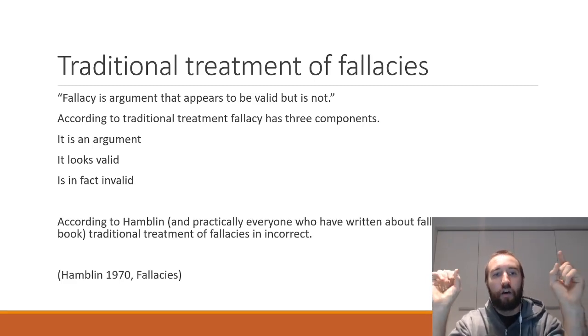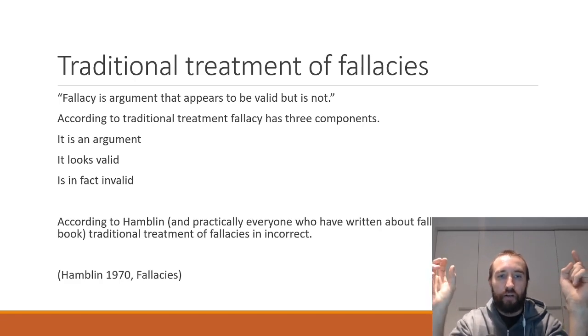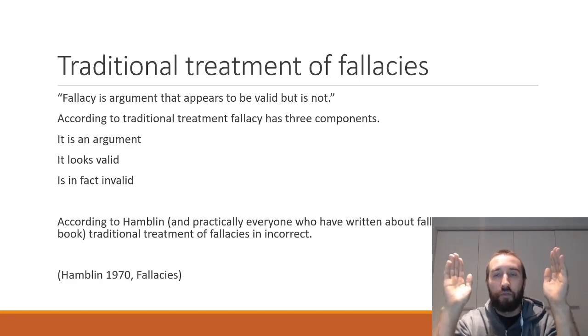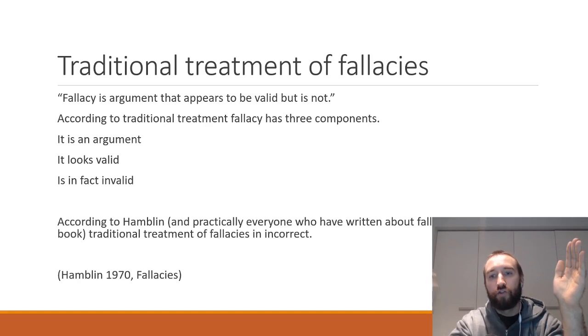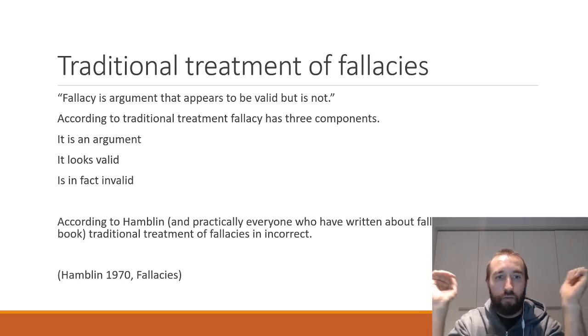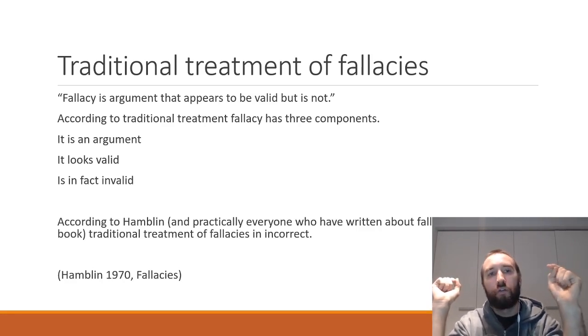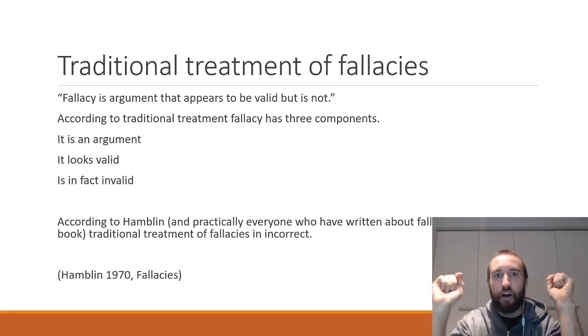But according to Hamblin, the traditional treatment of fallacies is incorrect, and practically every researcher from the 1970s to today agrees with Hamblin that the traditional treatment is wrong. A fallacy is not an argument that appears to be valid but is not.